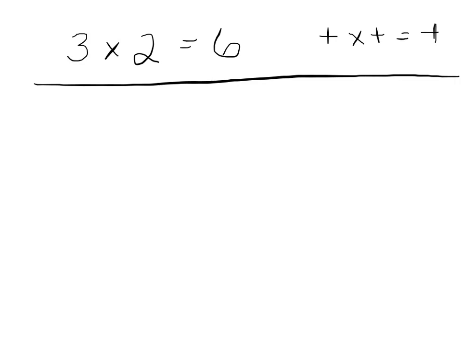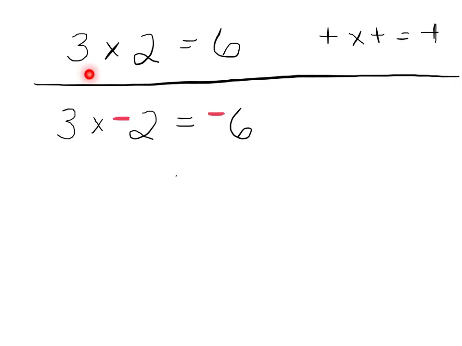Okay, but let's take this a step further. What if I do 3 times a negative 2? I've changed the problem with the addition of this negative sign. And if I take a look at this problem, I can think about my rules with the opposites. 3 times the opposite of 2 will end up giving me a negative 6. The reason being is because I have one sign telling me to take the opposite.